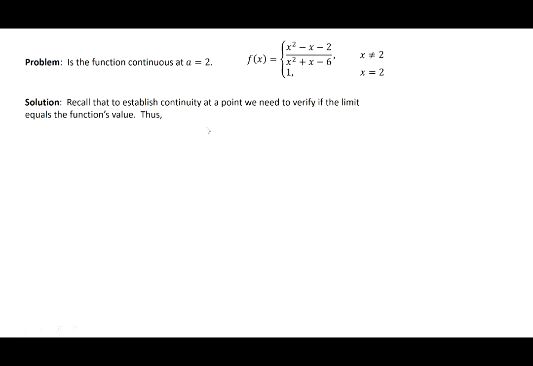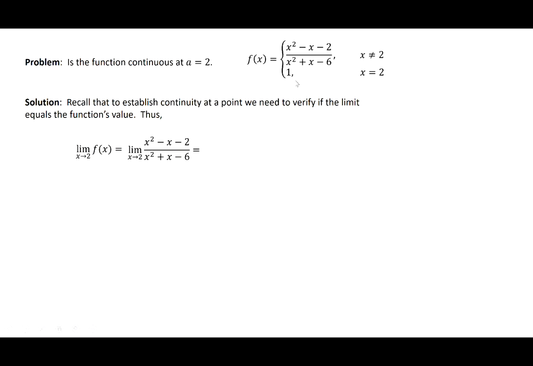Recall that to establish continuity, we need to verify the limit equals the function's value. So, the limit of f of x as x approaches 2, let's figure that out. When x is merely approaching 2 and not equal to 2, the function is governed by that expression. Please pay attention to that. Can I say this? The limit of f of x as x approaches 2 means the limit of this quantity as x approaches 2.